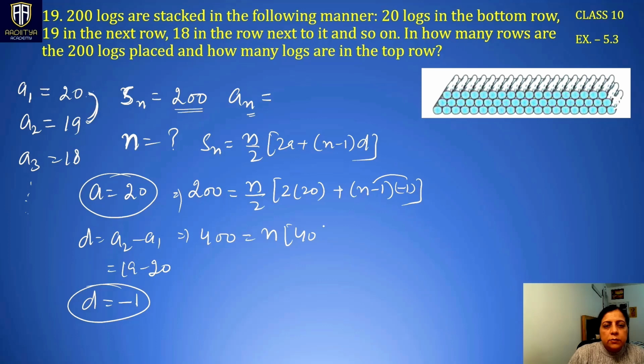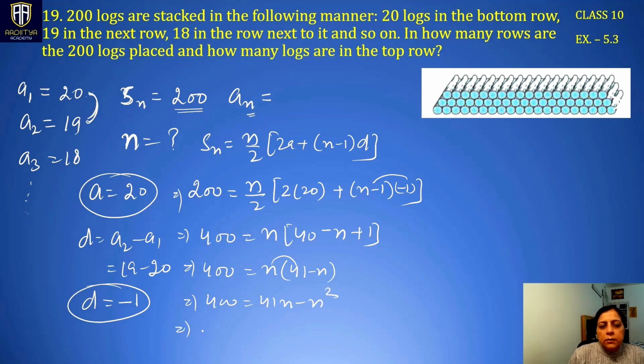Open this, this is minus n plus 1. So this becomes 400, n times 41 minus n. So we have 400 is equal to 41n minus n square. Bring this negative n square over, this becomes positive: n square minus 41n plus 400 is equal to 0.